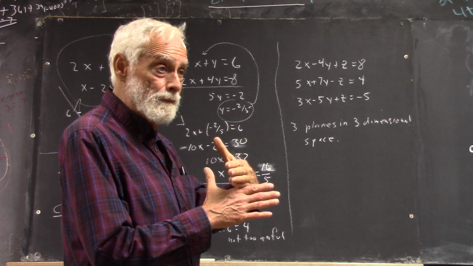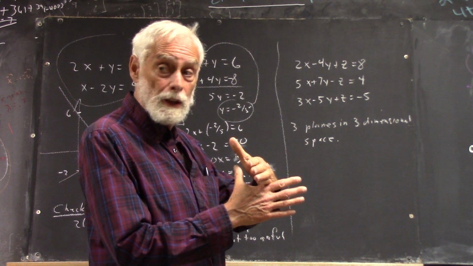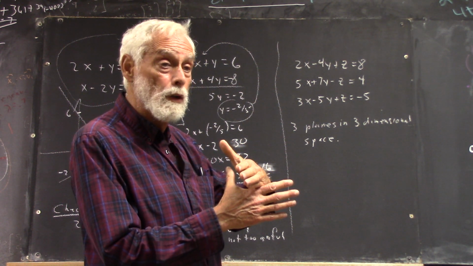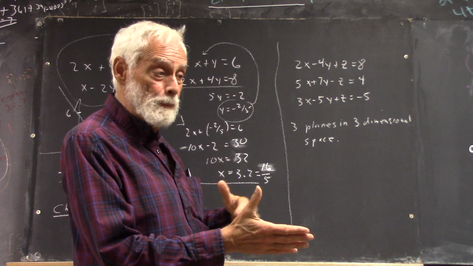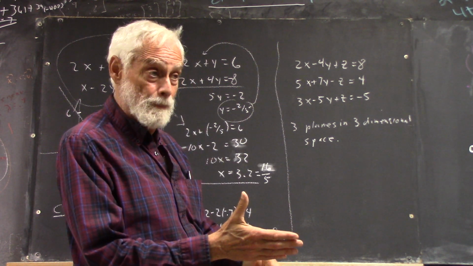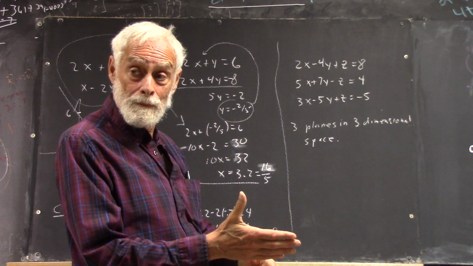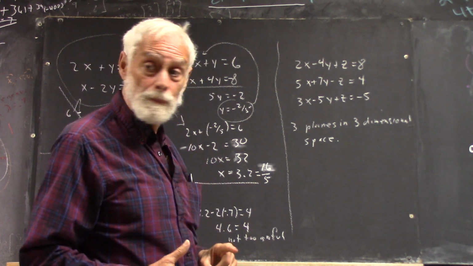Or you have all three of them coinciding, or all three of them intersecting at a point or on a line. Say two of them coincide, but the other one is not parallel, then there's a line of intersection. Now, if none of them are parallel, then they'll intersect at only one point.